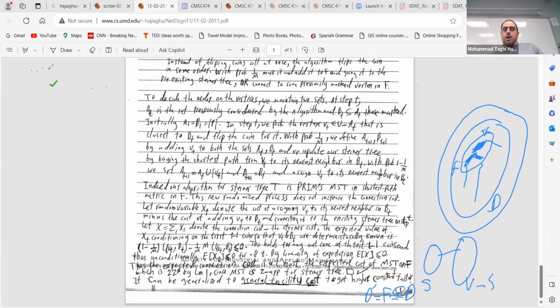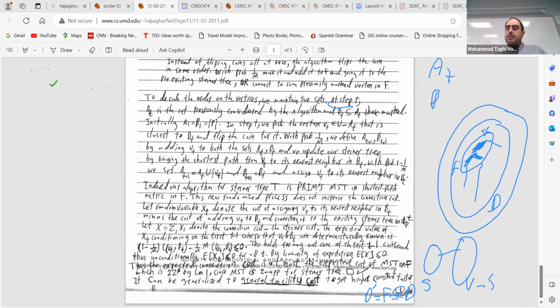So I'm going according to Prim's algorithm. I have T, the time, essentially steps. At step T, I have two sets, A_T and B_T.